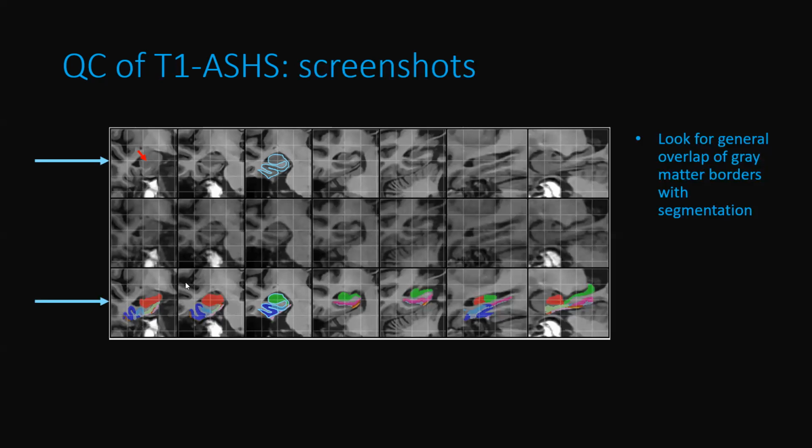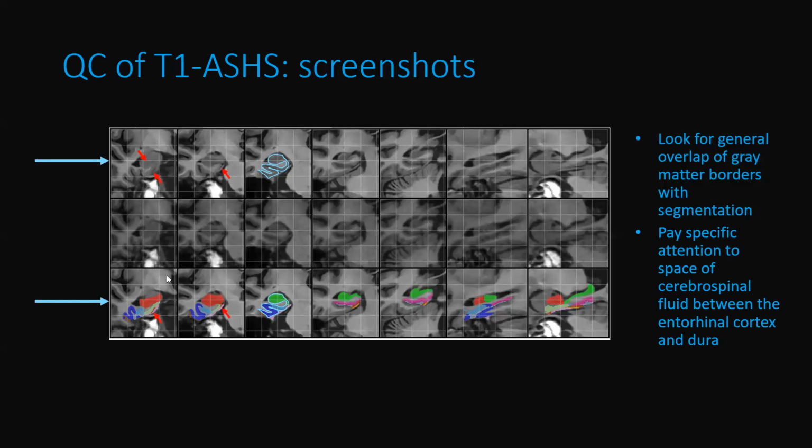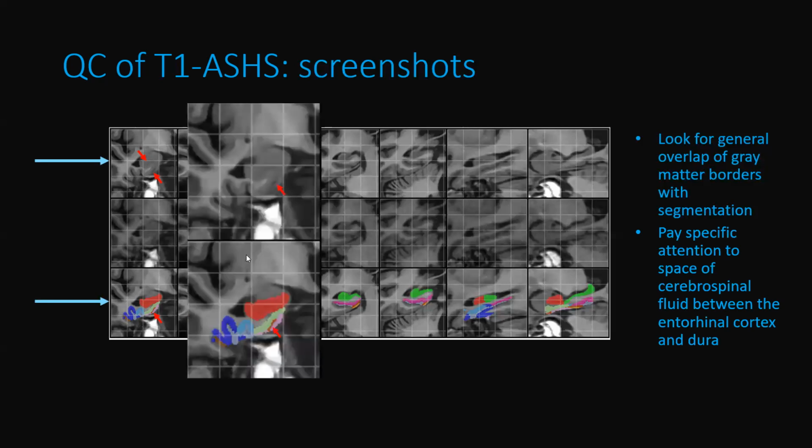The other thing that I specifically pay attention to is if there is cerebrospinal fluid space, so that's dark in these types of images, between the cortex, in this case entorhinal cortex, and the dura. I want to zoom in a little bit here.